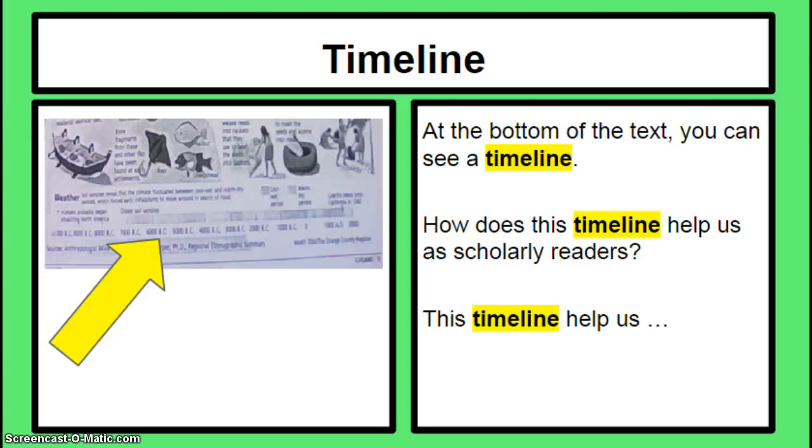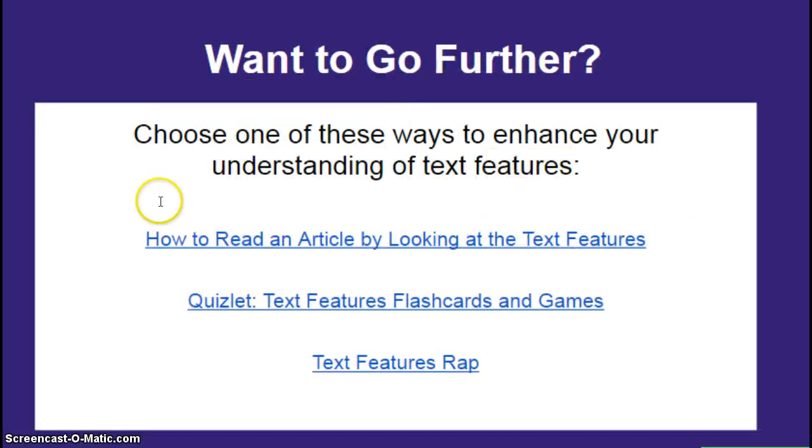Cool. Use these to help you understand what you're reading. They're the author's little tools that an author gives to you to help you understand and find information very fast that you're reading about.